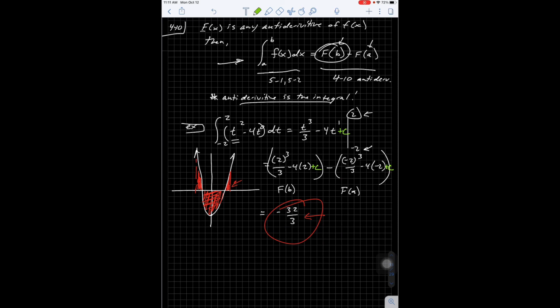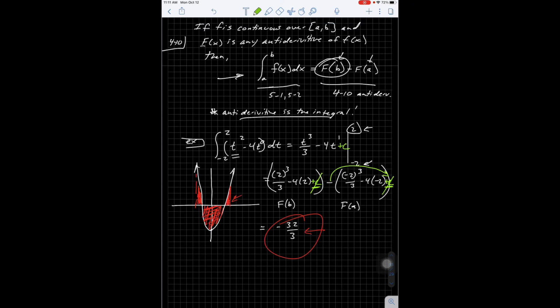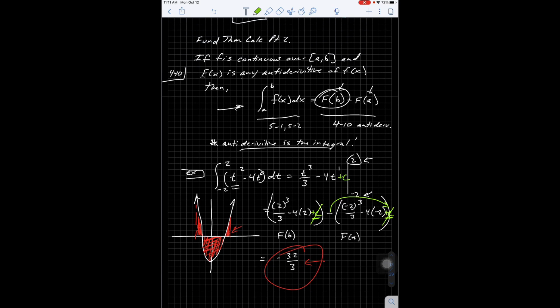But what happens is this negative distributes in and makes that a negative C, and this is a positive C. So these guys always cancel each other out. And that is why the theorem works for any antiderivative, because it doesn't matter what that C value is, it's going to get canceled out in the subtraction every time. So two things are going to happen.